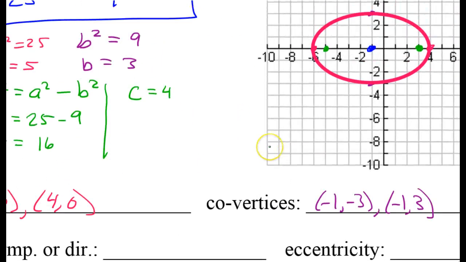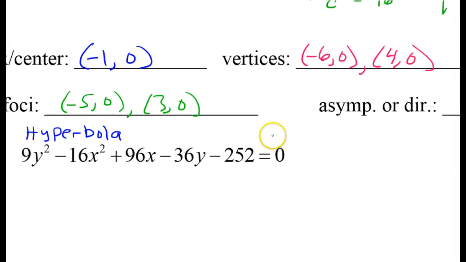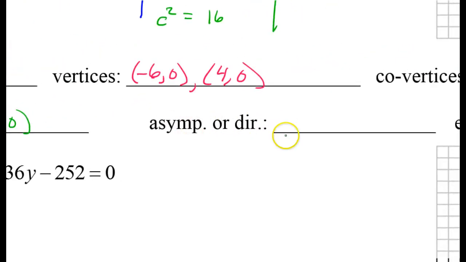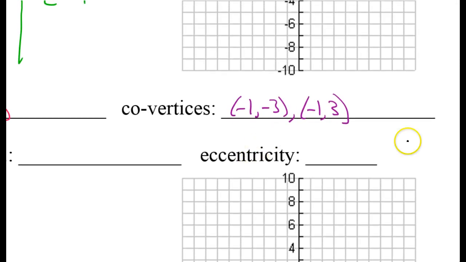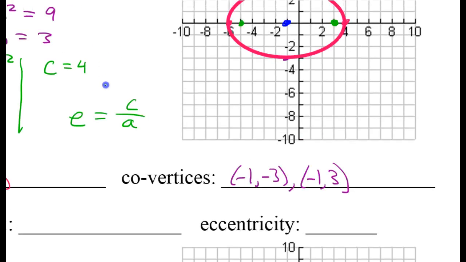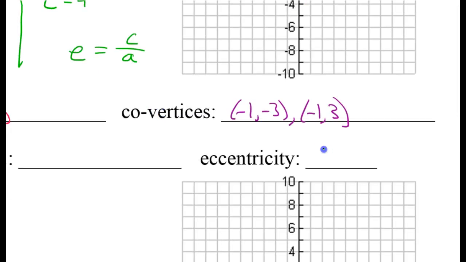All right, is that what I said? Yeah. So those are my foci. There's no asymptote, there's no directrix. The eccentricity for an ellipse is the c value over the a value. So that's going to be 4 over 5. For an ellipse, the eccentricity is always less than 1.